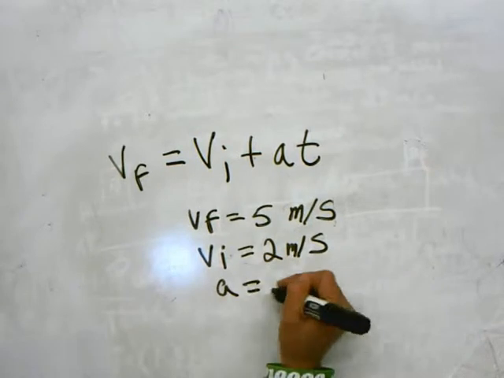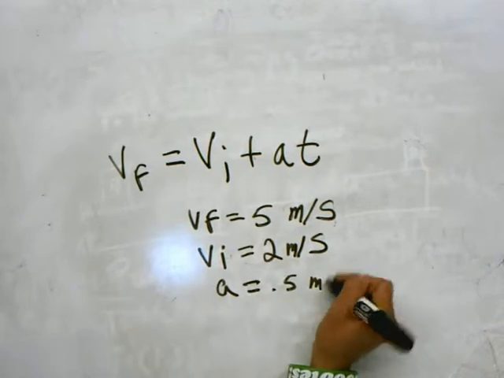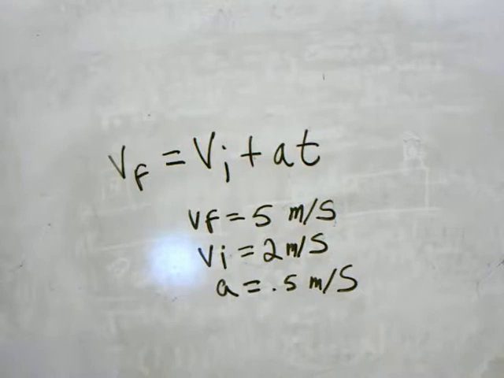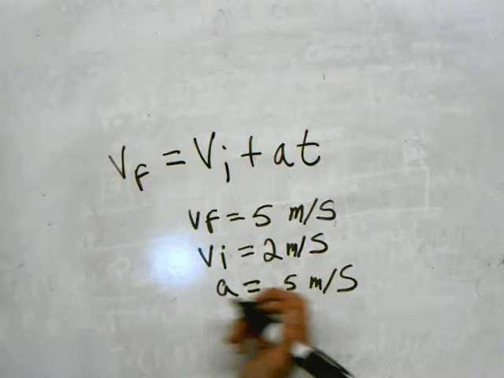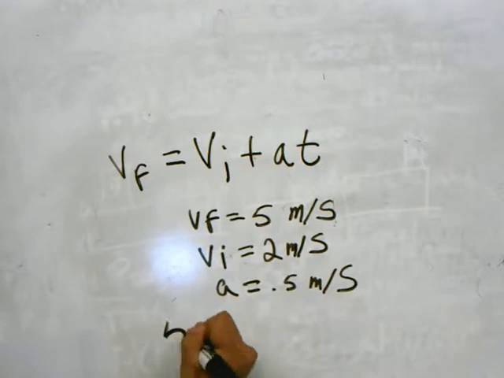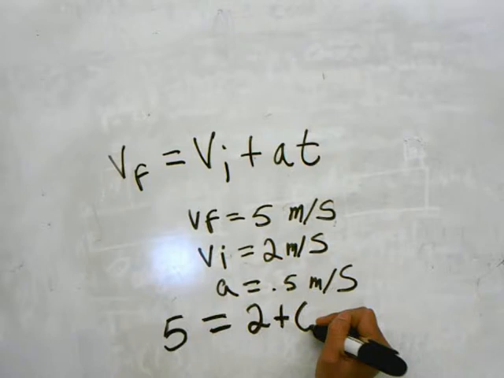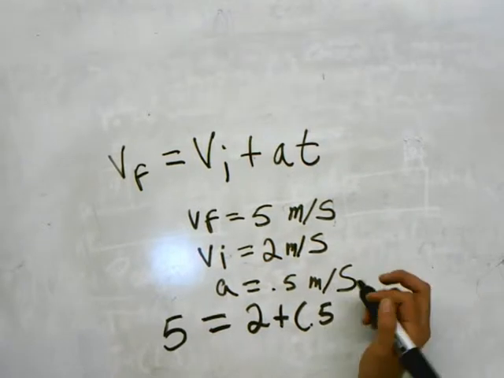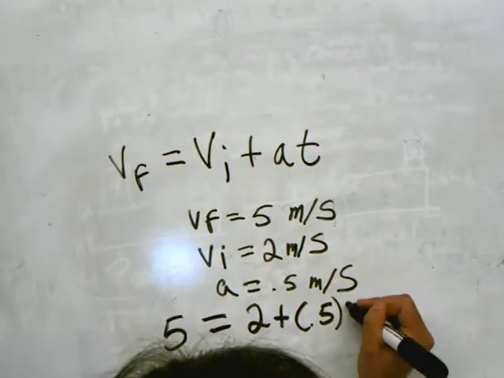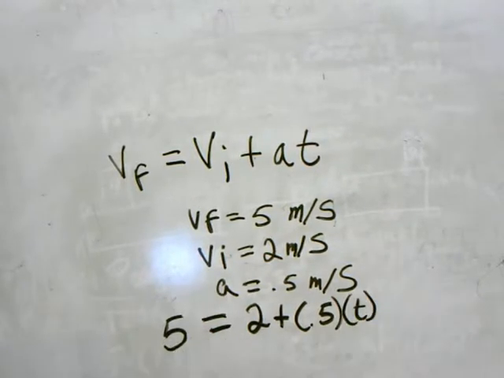So we put all of these together, and we find that 5 equals 2 plus 0.5t. Now we merely do a little math, subtract, where 3 equals 0.5t, and we find out that t is equivalent to 6.